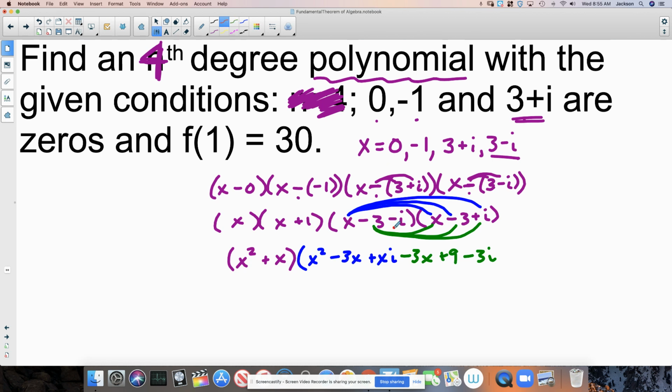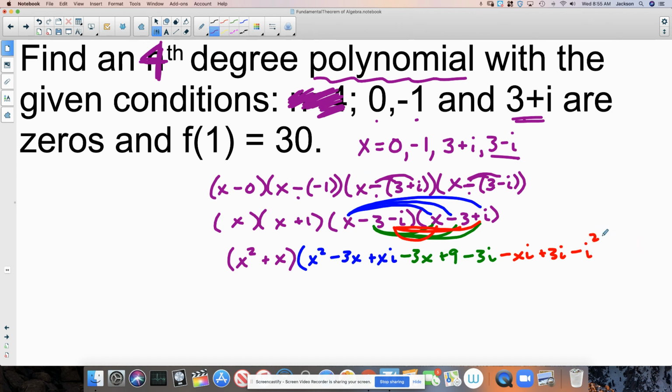Last but not least, negative i times x is negative xi. Negative i times -3 is positive 3i. And negative i times i is negative i squared.